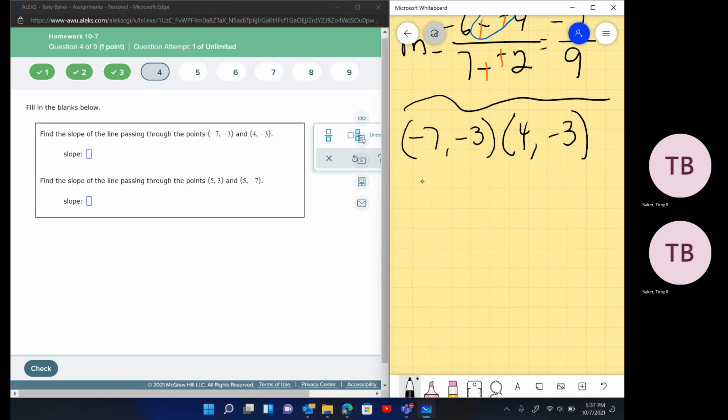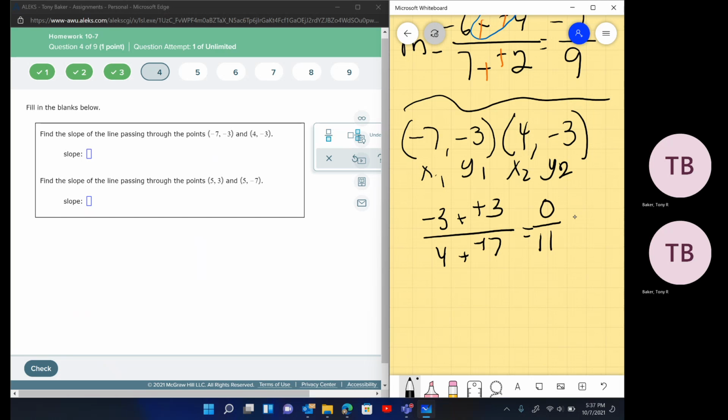So I'm going to show you this, and then I'm going to show you the pattern to actually look for. In this case, I've got x1, y1, x2, y2. So I've got -3 minus a -3 over 4 minus a -7. -3 plus 3 is 0. 4 plus 7 is 11. So that answer is 0. 0 divided or times by anything is 0.